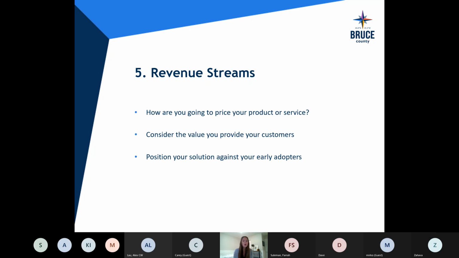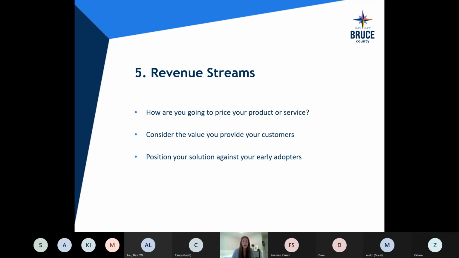So always think about who you're selling to, what they're willing to pay, and again, relating that to the value you're providing them. So we're positioning our solution against the early adopters, essentially.